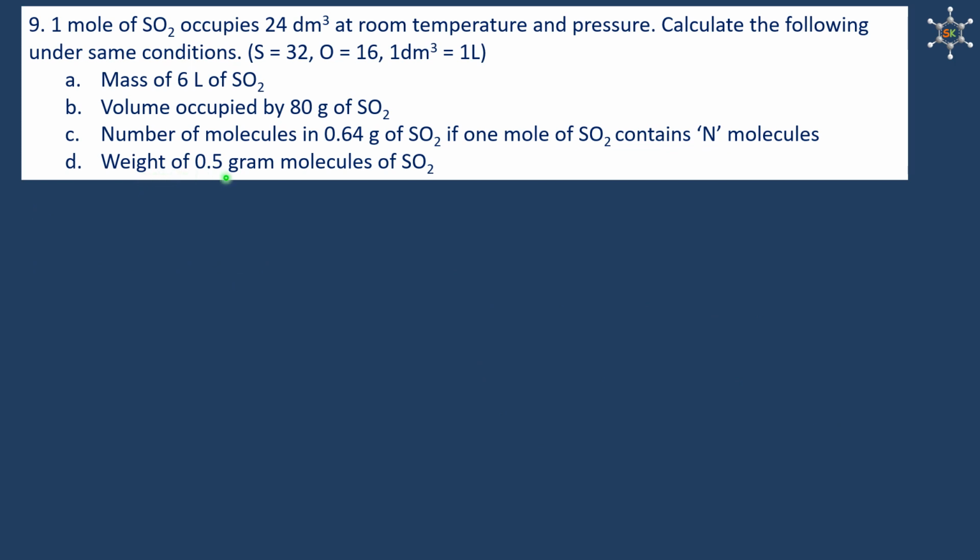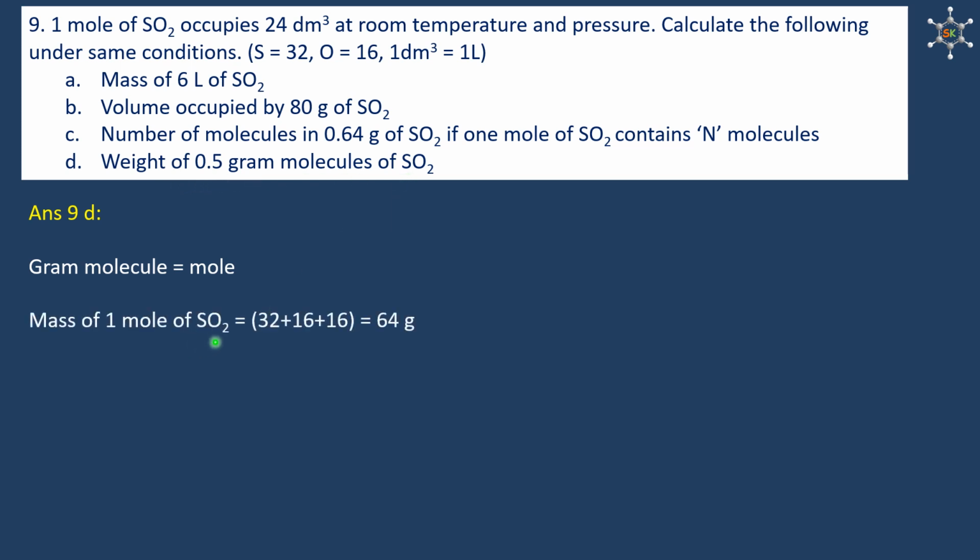Calculate the weight of 0.5 gram molecules of SO2. Gram molecules means moles. So, we need to calculate the weight of 0.5 moles of SO2. Mass of 1 mole of SO2 is 64 gram.